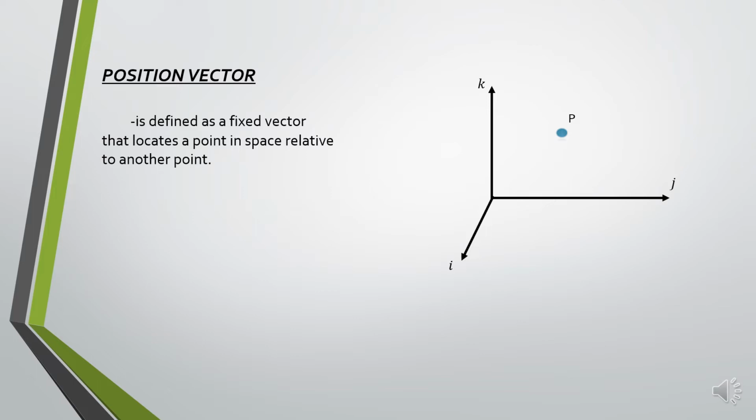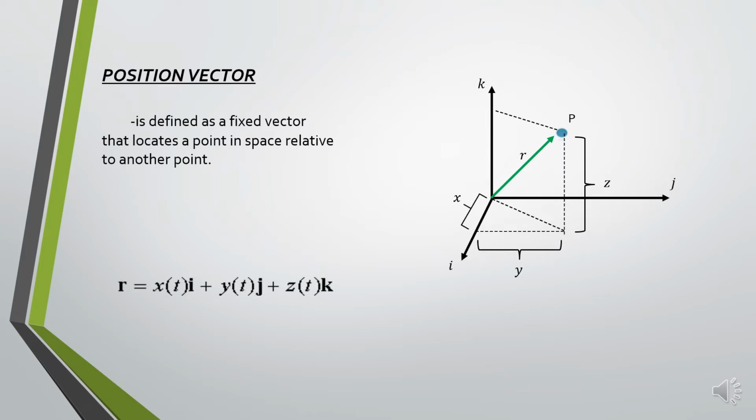The position vector relative to the origin is specified by the three distances x, y, and z in the figure. In this manner, we can define the position vector from the origin to the point and represent it as r for the equation.